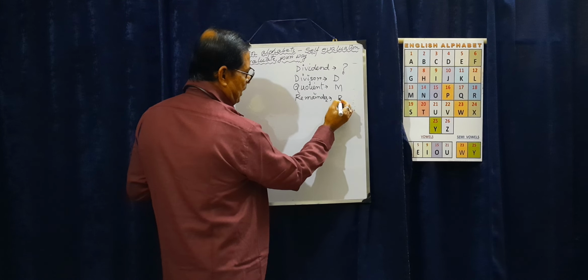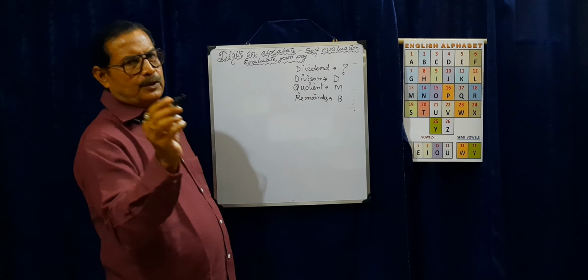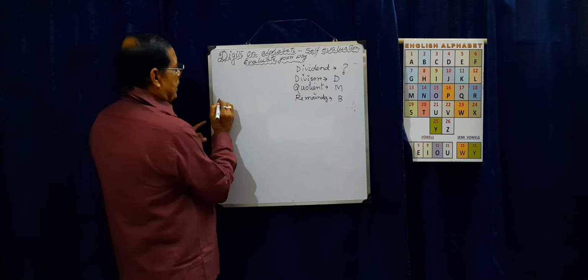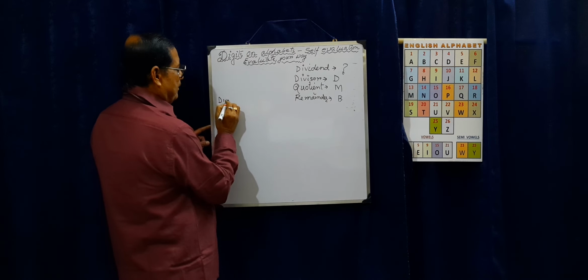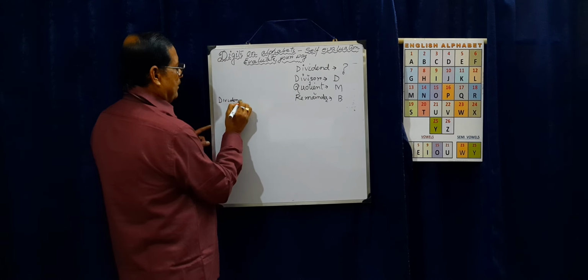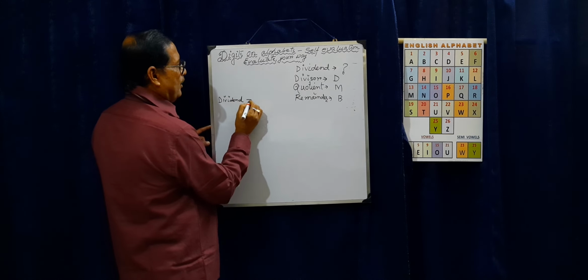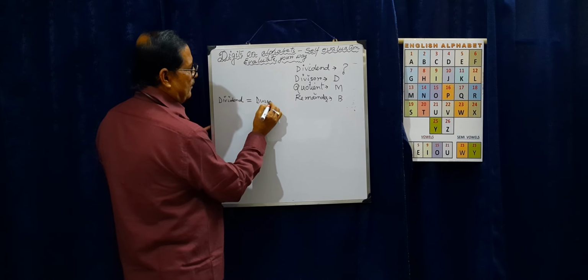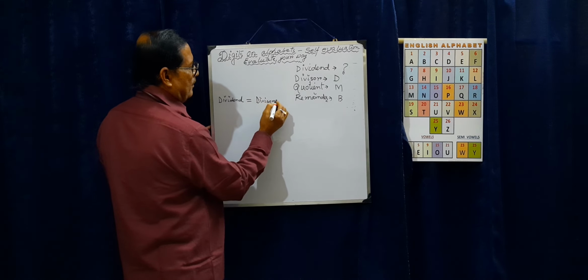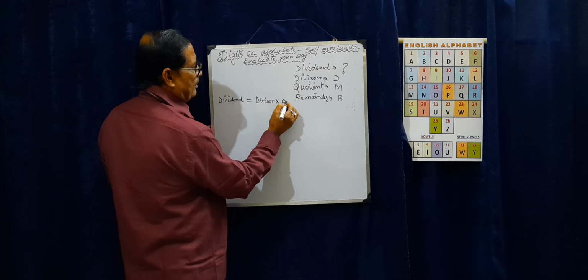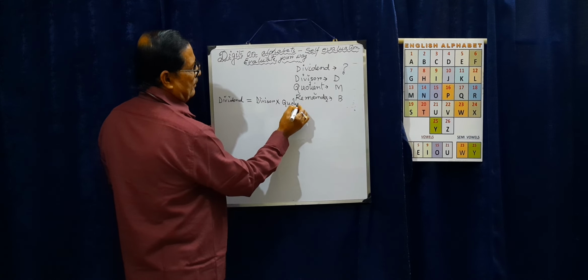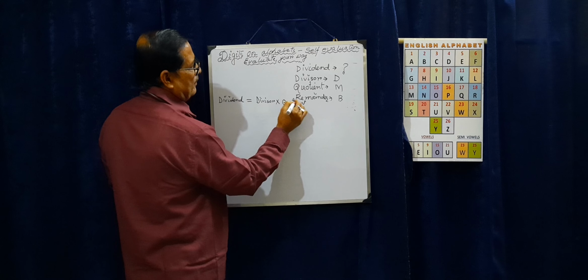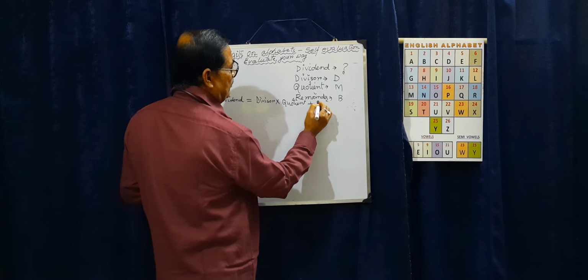Now we know dividend equals divisor into quotient plus remainder.